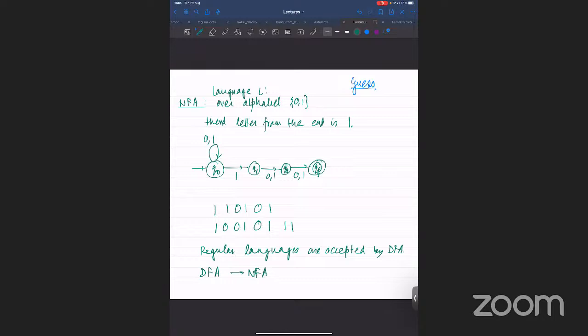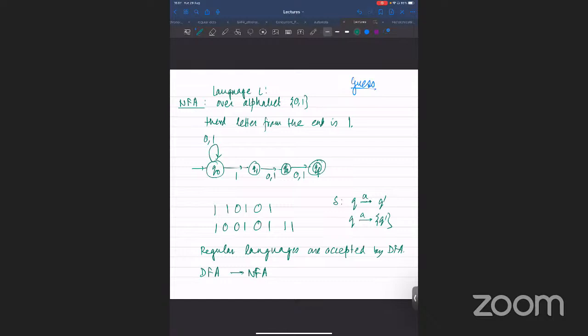So whenever you have a transition in the DFA of the form Q and on an A you are going to Q prime, in the NFA it's very important to write it in this way because it's a set of states in the NFA. So what I'm saying is that you can see a DFA as an NFA. But what about the other way around?